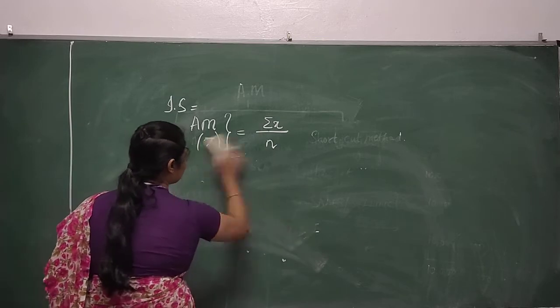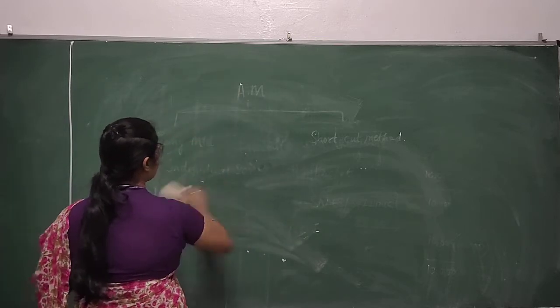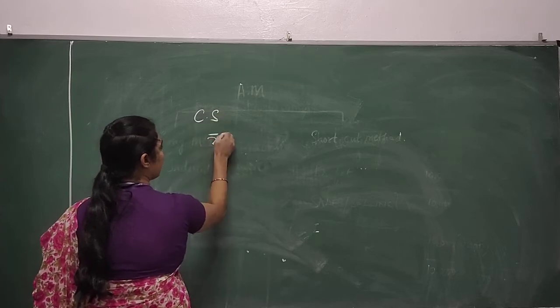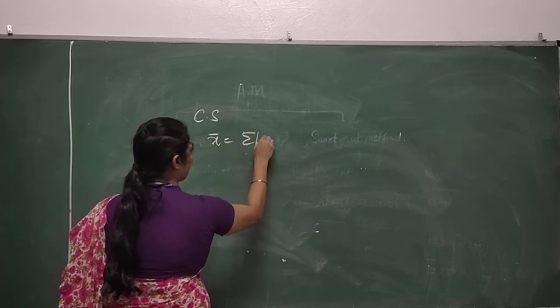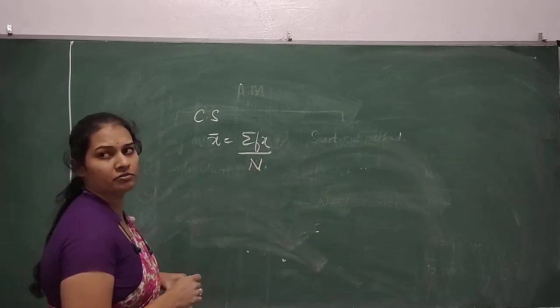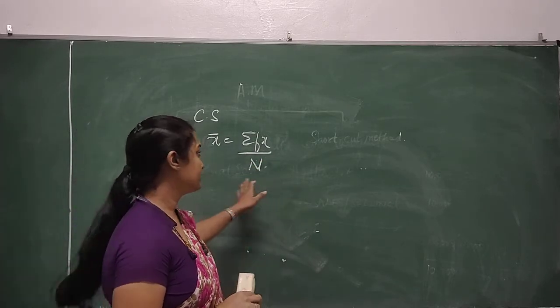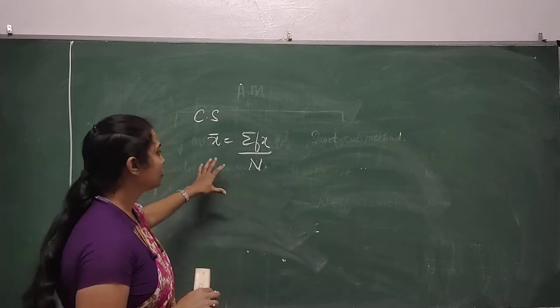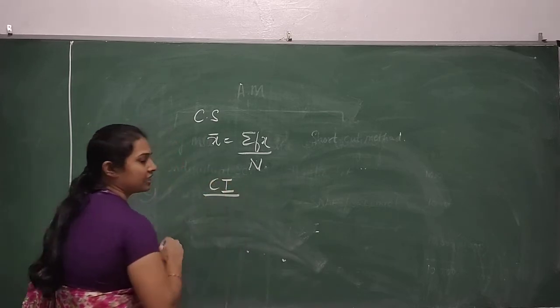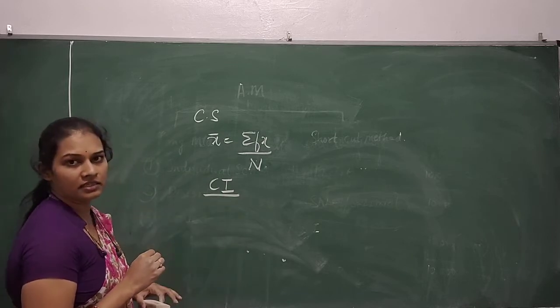Coming to the continuous series, the formula is sigma fx divided by capital letter N, which is the same formula as for your discrete series. Again, the x values will be given in class intervals.